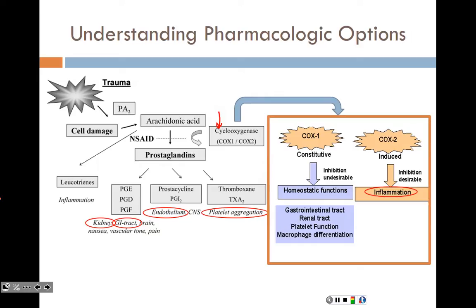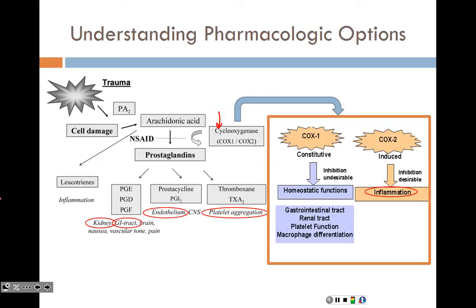So during homeostasis, COX-1, cyclooxygenase 1, is an enzyme that works to maintain regular, homeostatic functioning in your body. So it's going to work in your GI tract, where, in your stomach, it maintains the level of acid released by your parietal cells.